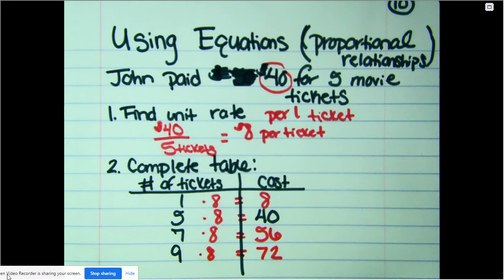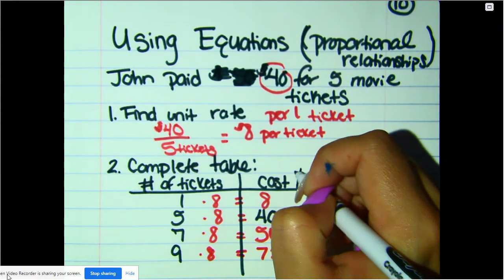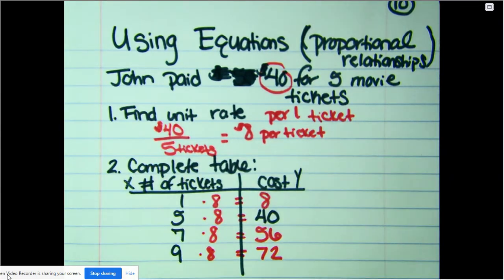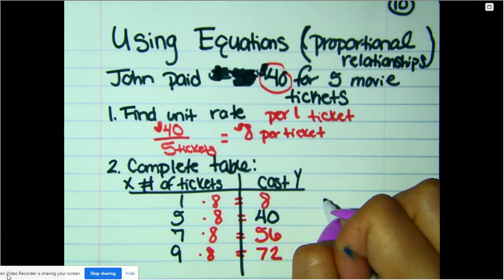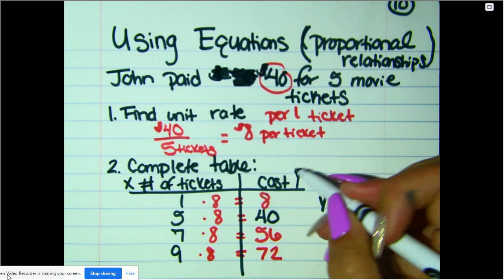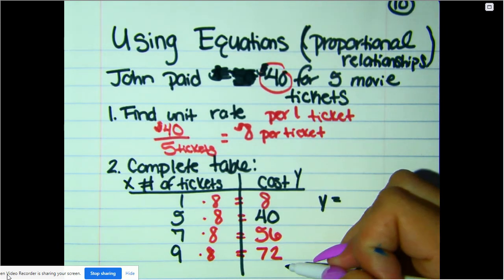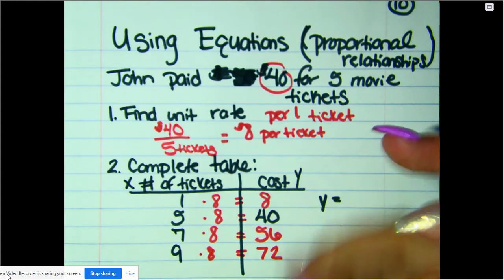Okay, now a brief recap. We also realized that this creates a mathematical pattern, or also an equation, where this is your column Y, this is your column X, independent, dependent variables going on here. Okay, so we have that Y, or your second column, is always equal to that constant of proportionality or that unit rate.